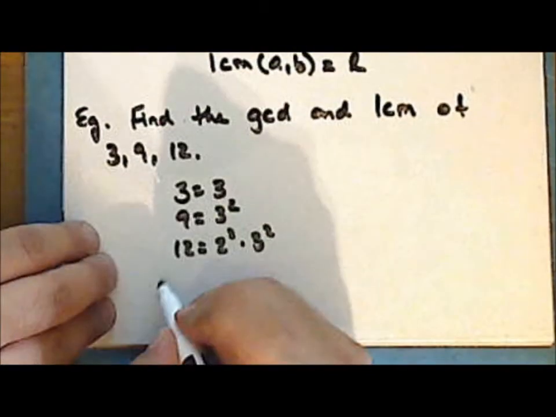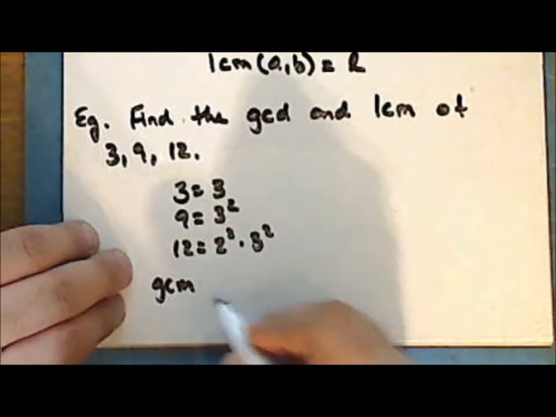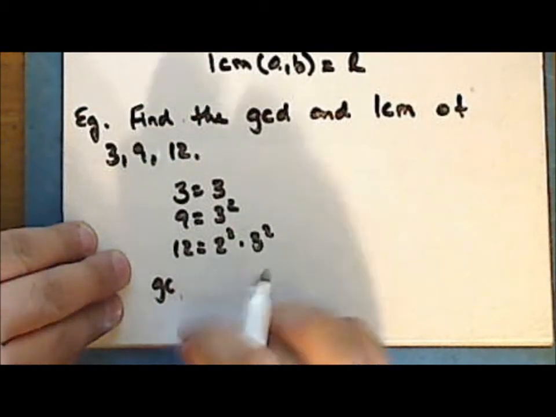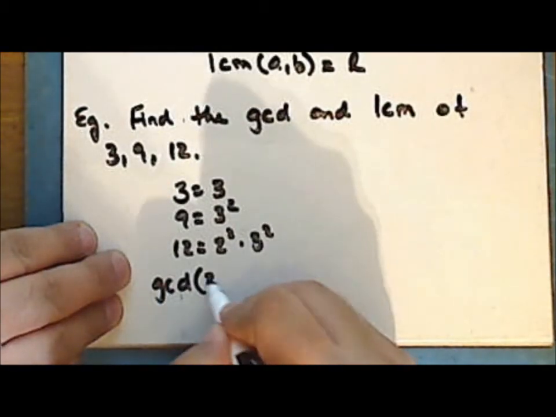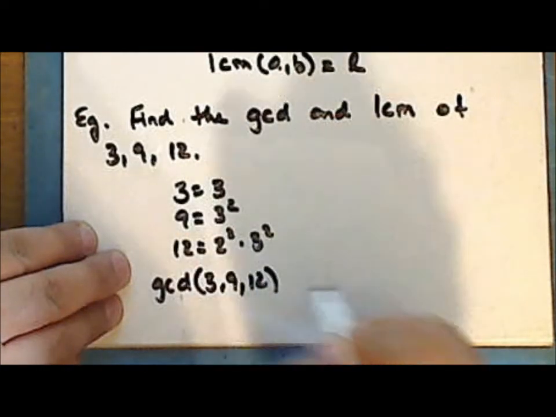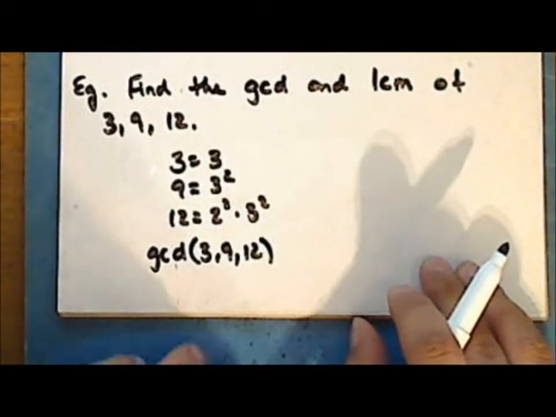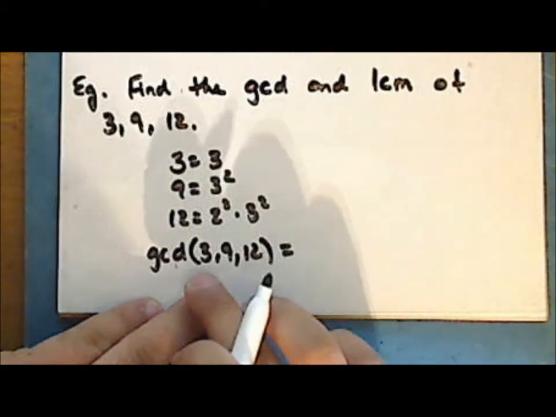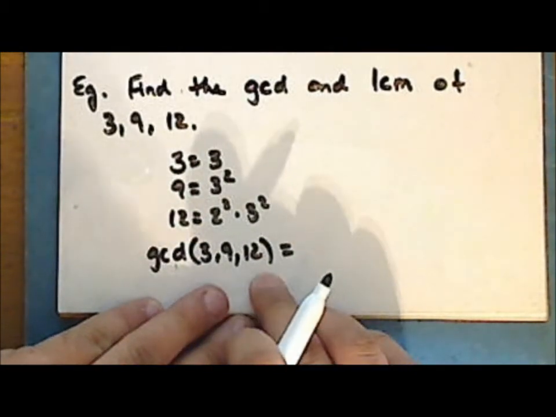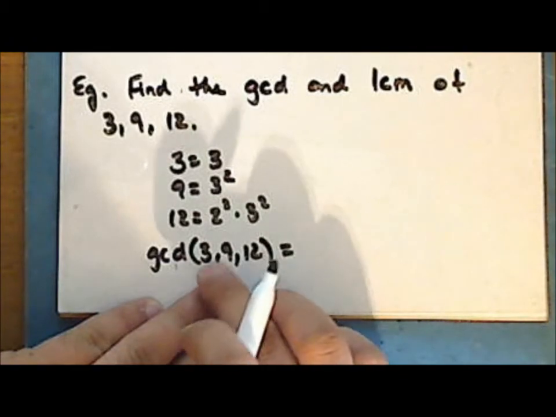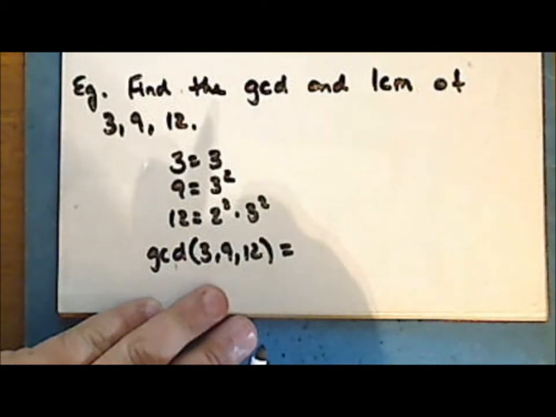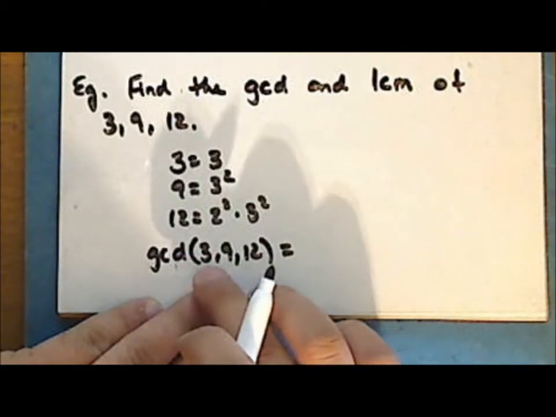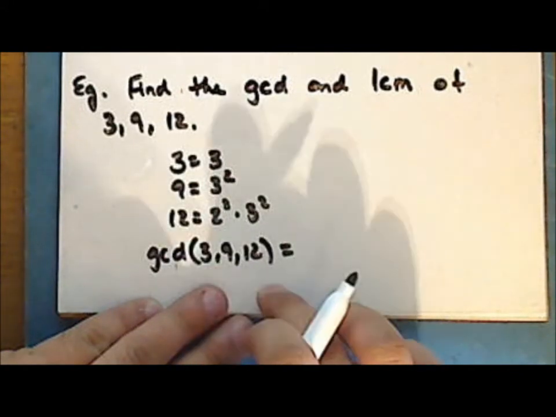So the greatest common divisor of 3, 9, and 12 is the largest positive integer that divides all three numbers, 3, 9, and 12. Now, 1 certainly divides these numbers, and the number 3 also divides these numbers.